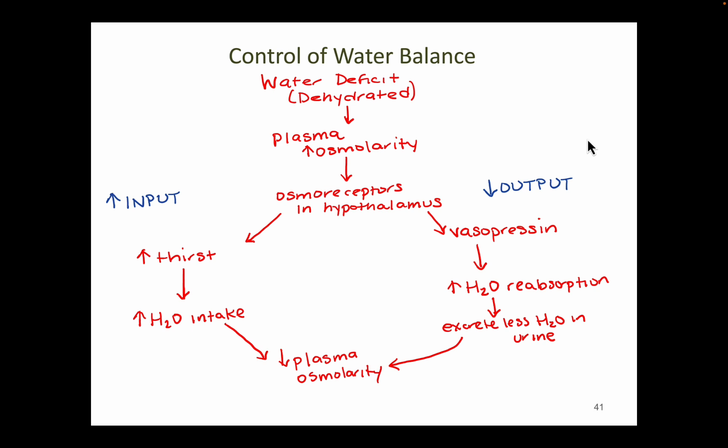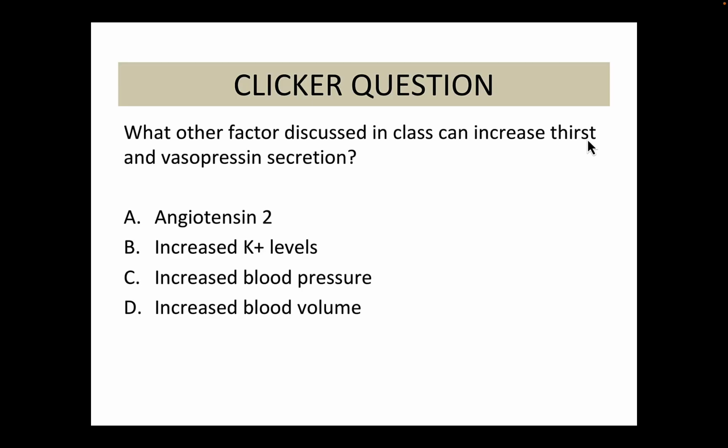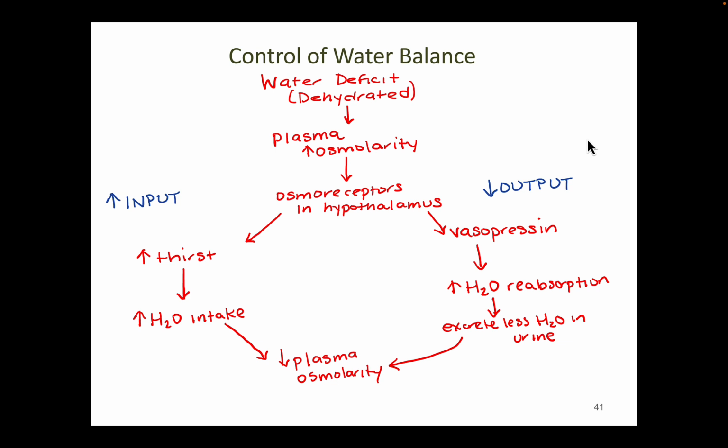Now, there was another factor that can stimulate both thirst and vasopressin. What other factor did we discuss in class? So the answer is angiotensin 2, which was part of the renin-angiotensin-aldosterone system. Now, this is important because it shows you how water and sodium are linked. So if we want to just increase water, then we would just do vasopressin.